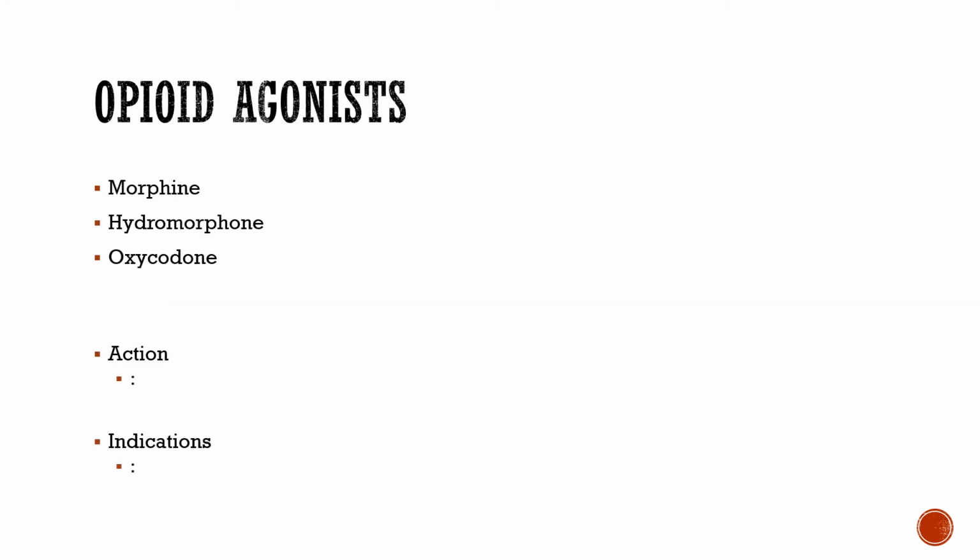Opioid agonists. These are the narcotics, right? These are the narcotics that we give. Remember back to lecture 1 when we talked about core concepts and our schedules and the difference between a schedule 1 and a schedule 2. Really the only difference is one of them has medical uses, or acknowledged medical uses, whereas schedule 1s don't have any.